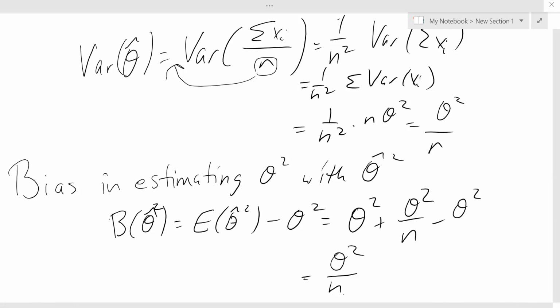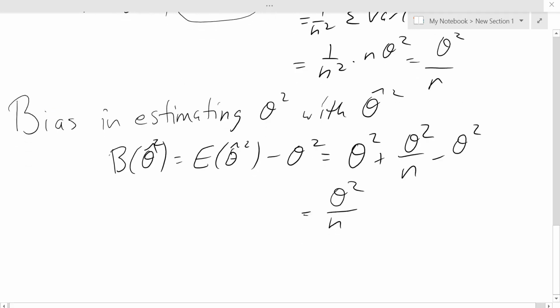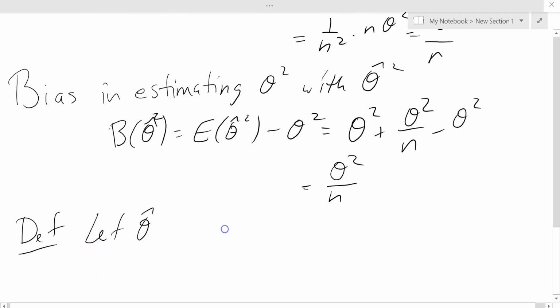Now, notice that as n gets large, what's going to happen to the bias? It gets smaller, right? In fact, as n goes to infinity, that limit would be 0, right? So we refer to this as what's called an asymptotically unbiased estimator. So as a definition, let theta hat be an estimator of theta.